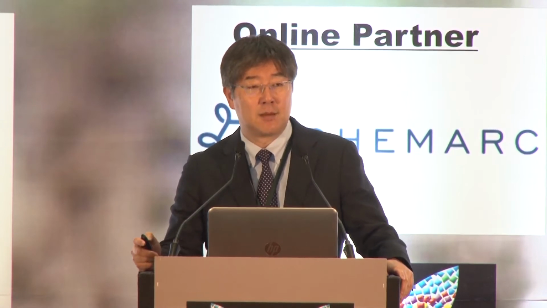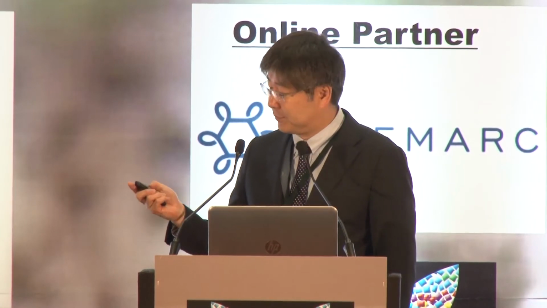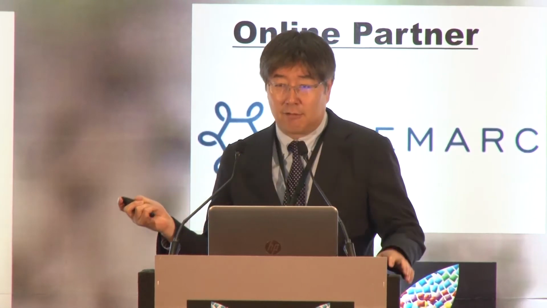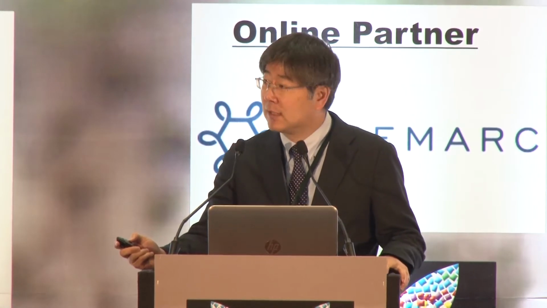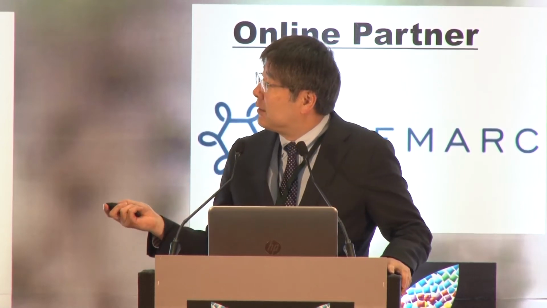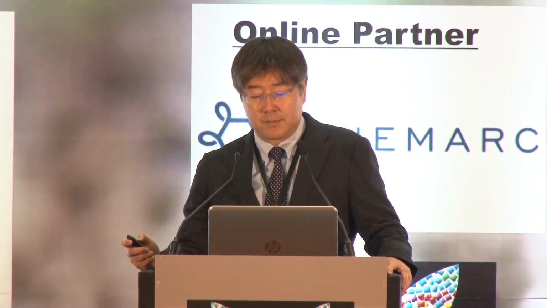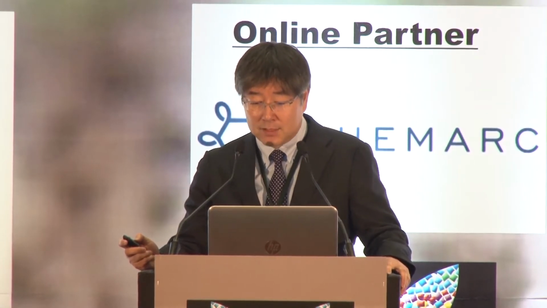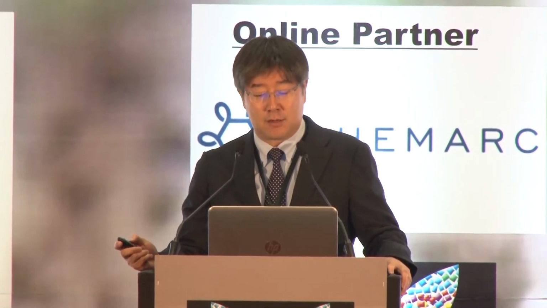Probably everybody knows the polymer cycle. RH is a polymer. Then by UV, heat, stress, or metal, the proton is extracted. Then the R radical is generated. This R radical can react with oxygen very fast. Then a peroxide radical is generated.